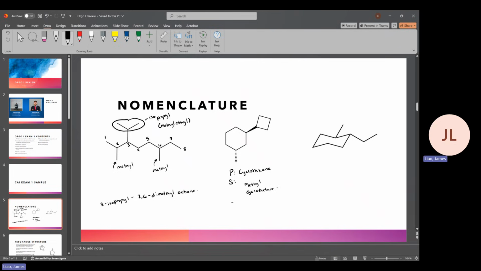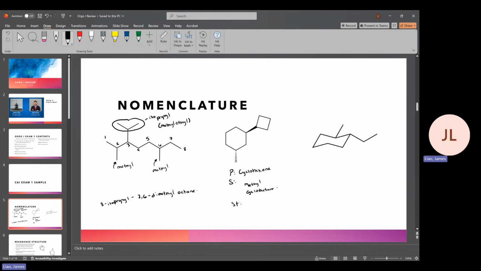And then for stereo, because stereo does apply in terms of cyclic chains, we have a wedge and dash. Usually we see that as cis or trans. Cis usually has a wedge and a wedge or a dash and a dash. For trans, it usually has a wedge and a dash together.